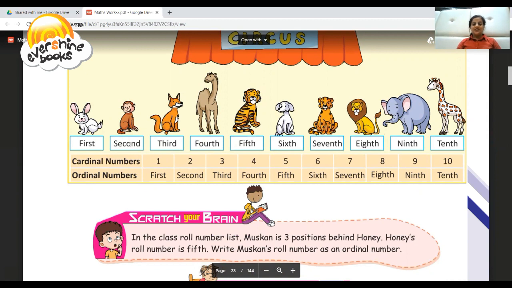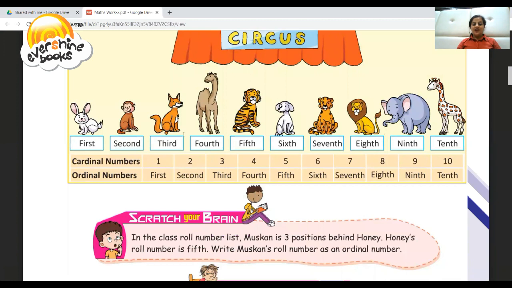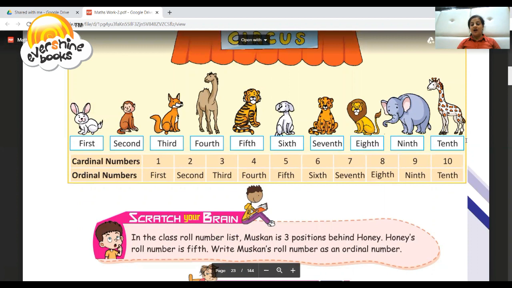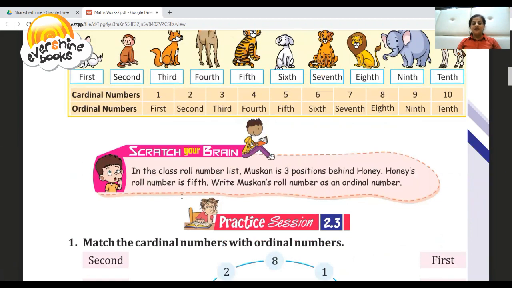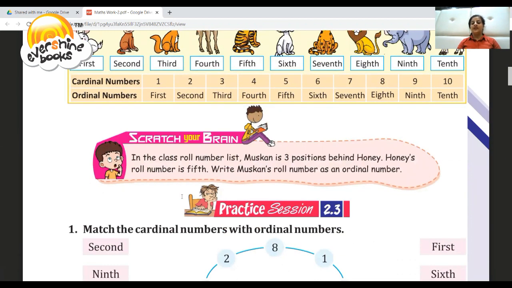So first, second is monkey, third is doggy, fourth is camel, fifth is tiger, sixth is doggy, and this one is jackal, I think. And seventh, cheetah, lion, elephant, zebra, all are in one frame. And here it is giving position like first, second, third, fourth, fifth, sixth, seventh, eighth, ninth, tenth. This is called ordinal numbers.